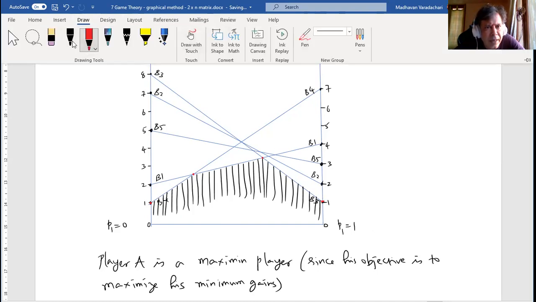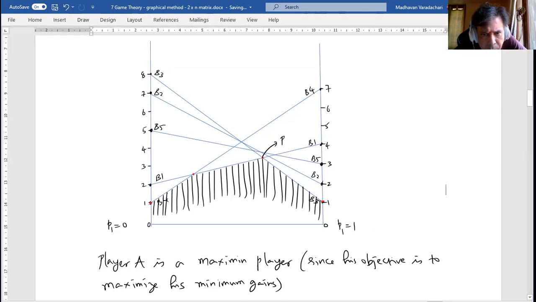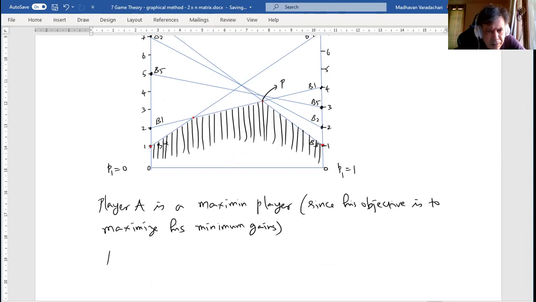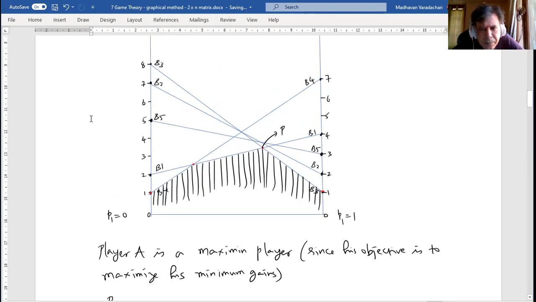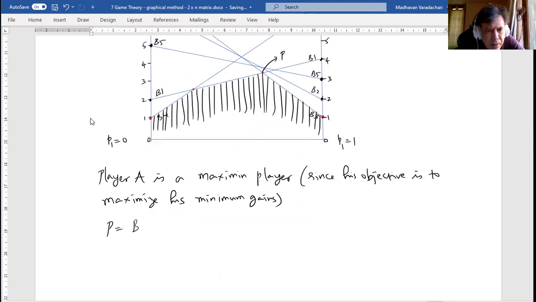Let me call that point as P. Now we need to identify what is that P. We may note the P is an intersecting line of B3 and B1, or B1 intersection B3.